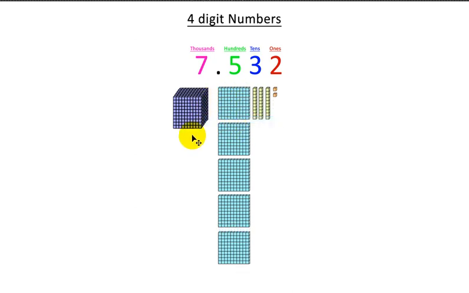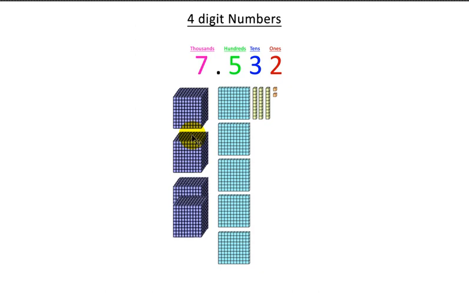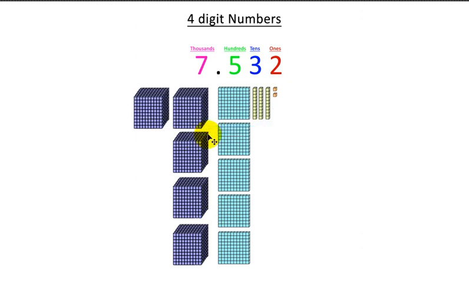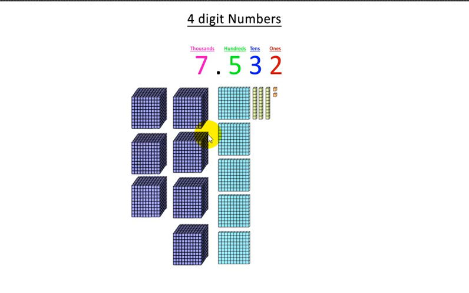Next up we have the thousands. We want to make 7 of them. So 1 we already have. And we're going to make another one, and that's going to be 2, 3, 4. How many more do I need? I need another 3. So now I have 5, 6, 7.